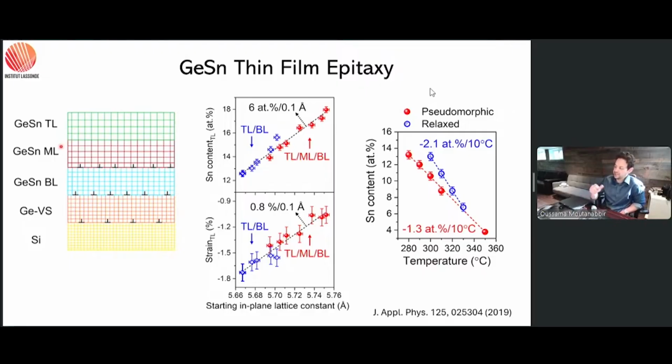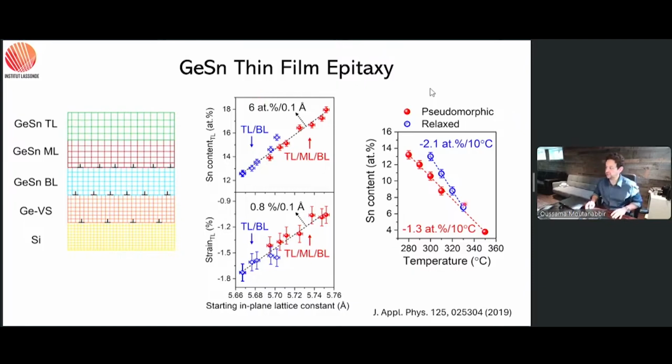So we have, let's say, a recipe to grow different compositions. Basically, the number of the bottom layers would give you an idea about the lattice parameter that you want to achieve for a given temperature. For each decrease or increase in lattice parameter by 0.1 angstrom, we can increase the composition by 6%.